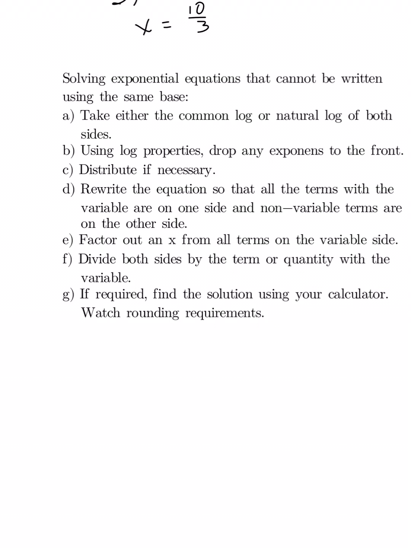Divide both sides by the term or the quantity that's with the variable. And then depending on the instructions, if you are being asked to find an actual solution, you're going to put all this in your calculator. Make sure you watch how you are being asked to round.